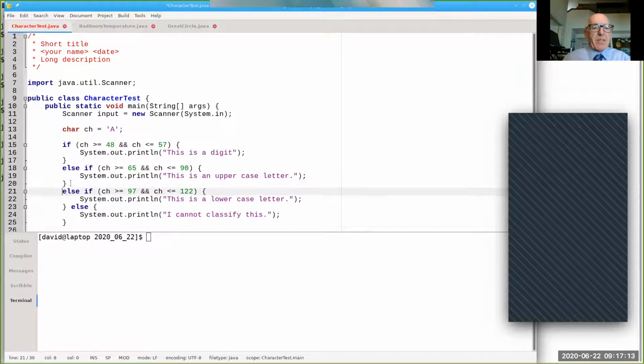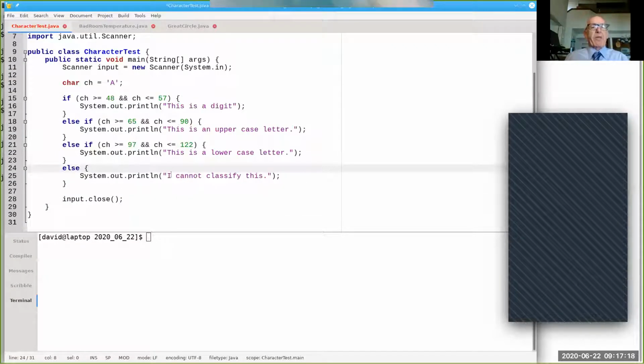I guess I should be consistent about how I write this, shouldn't I? There we go. I believe this is the way the book tends to do it. And let's see if I've got any typing errors here. Okay, good.